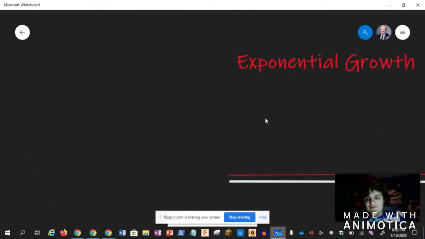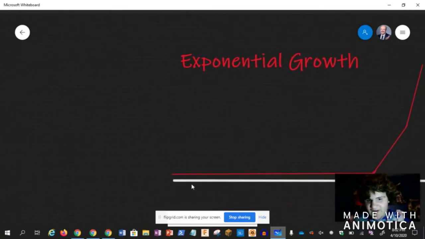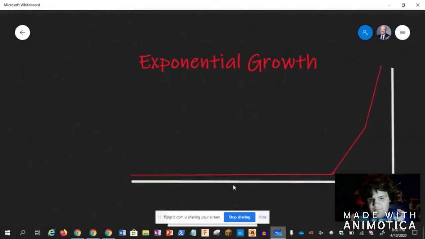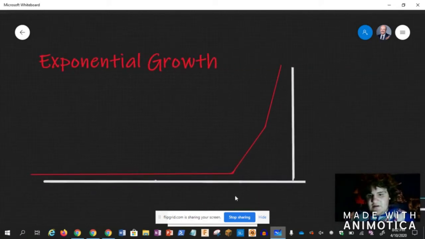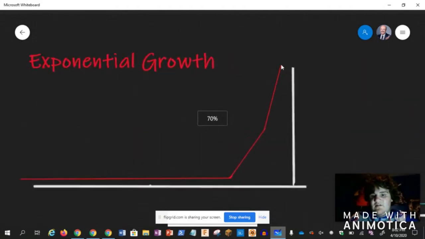So, coronavirus, as you all know, is a virus that affects people, right? At the start of this virus, a very small number of people got sick, and then it slowly but surely increased. In the last 2 weeks, in places like New York and California, it's been increasing to a point where it's right here, right?